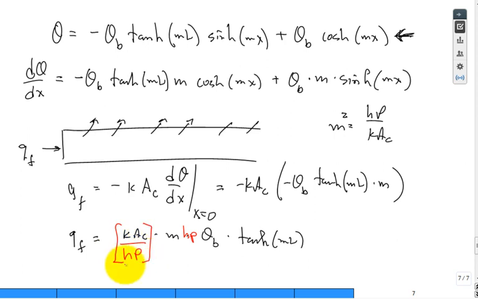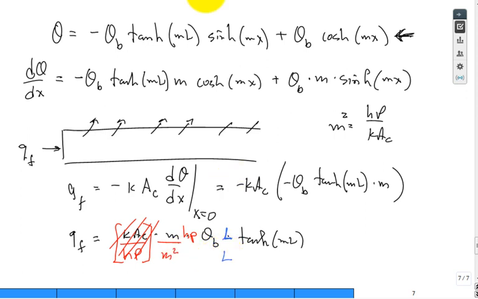That's 1 over m squared. M squared. Isn't that right? All right. And then I want to put an L here and an L there.